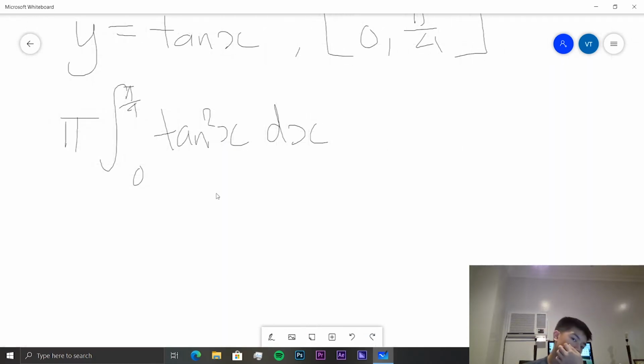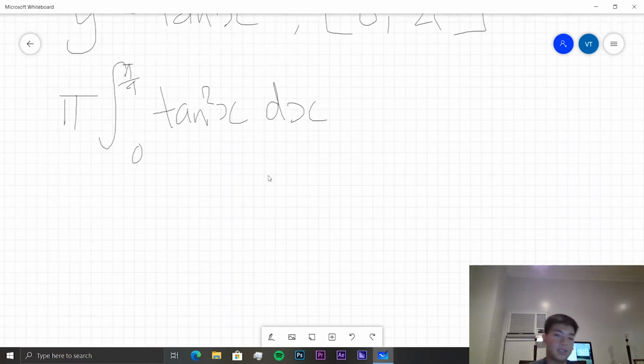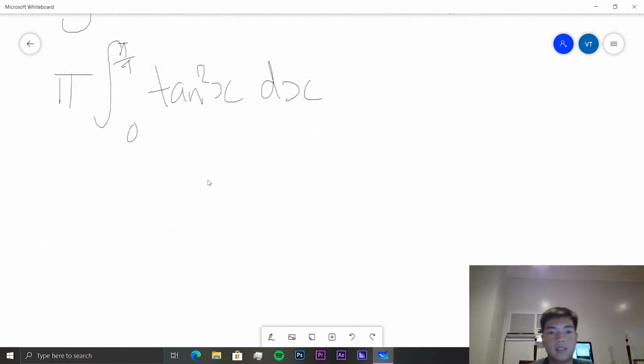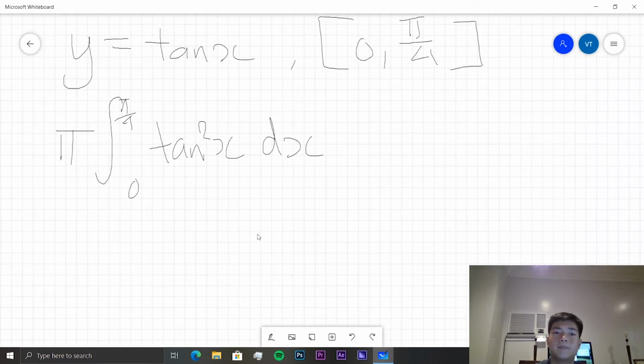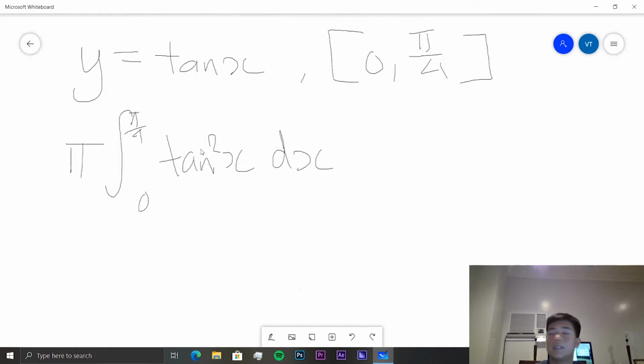So we now need to integrate tangent squared x. So this is going to be by parts, probably. Let's think. This is tangent x squared. Let's try by parts.